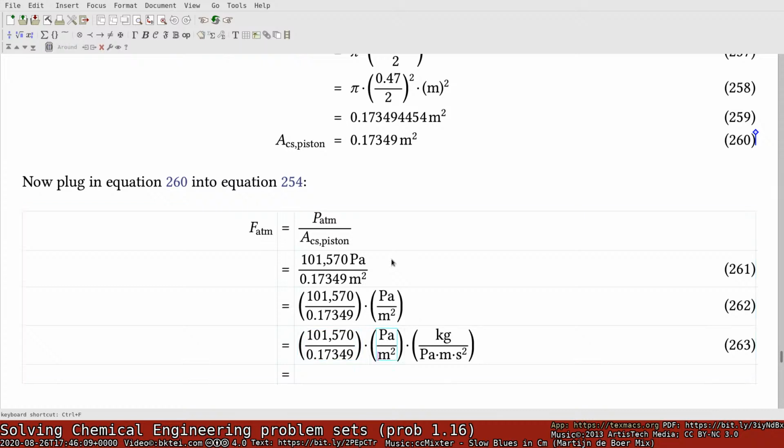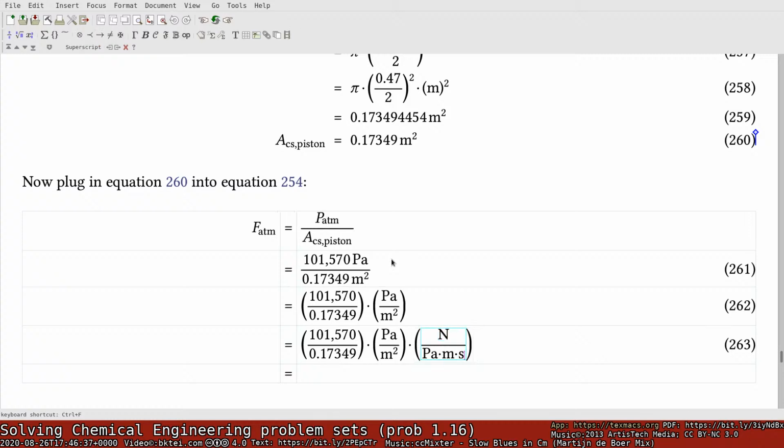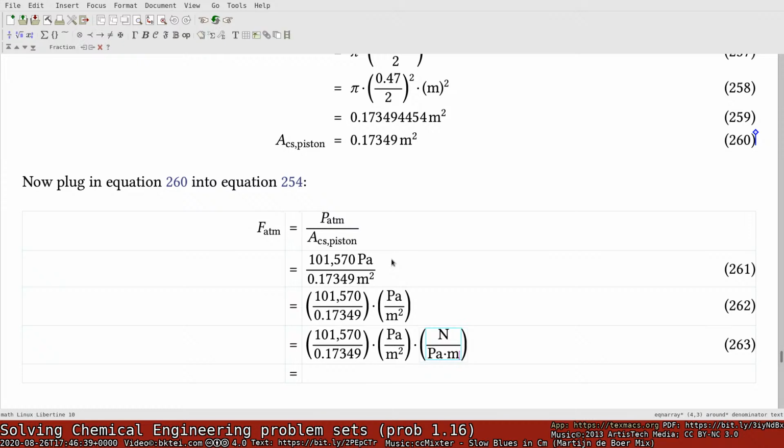So we cancel out Pascals. Let's see, so that gets rid of Pascals. We get kilograms, meters, and square seconds. And this all should turn into a force, actually. So maybe this is not what we want. Yeah, let's not do this. Let's go with Pascal. Don't convert into that. Let's go into newtons. So for every Pascal, we get a newton per meter squared.